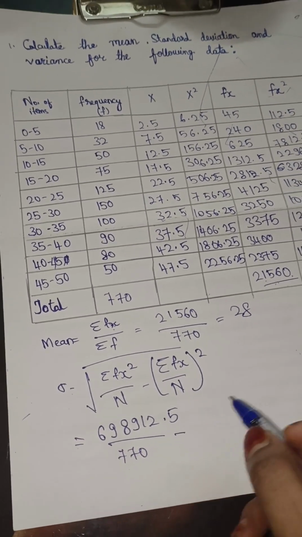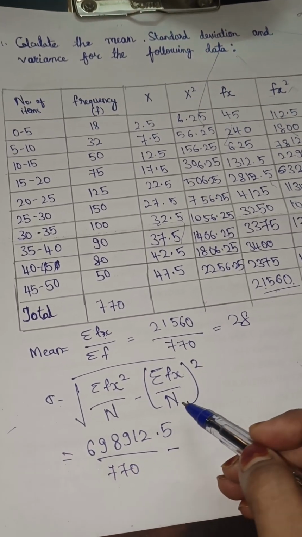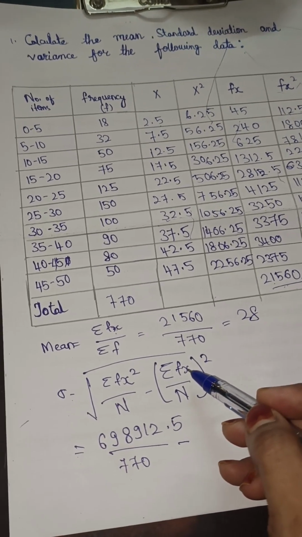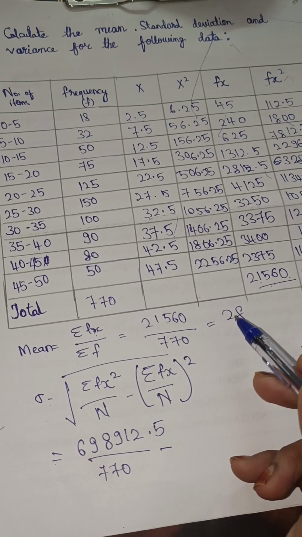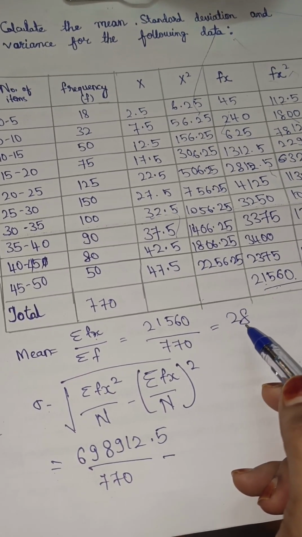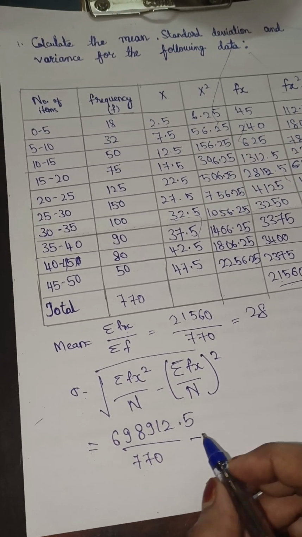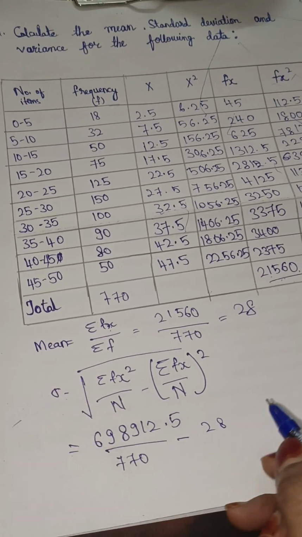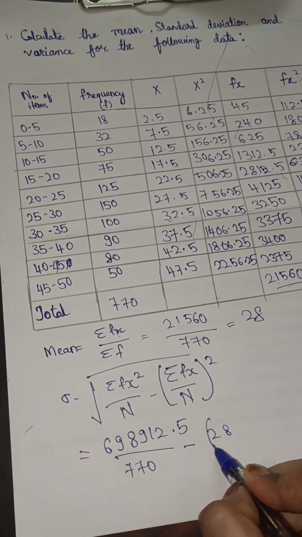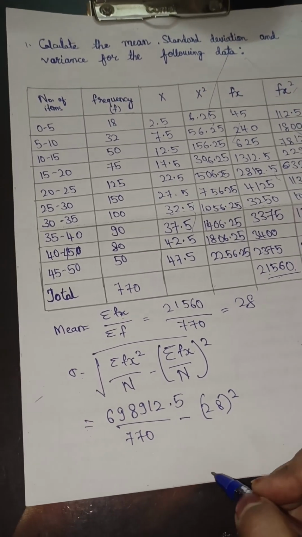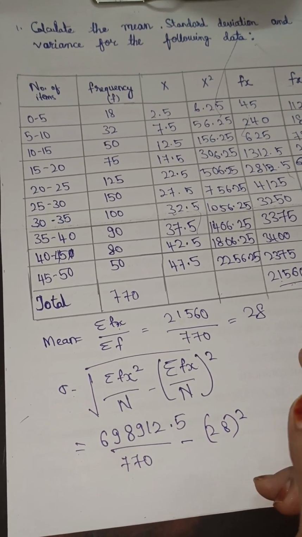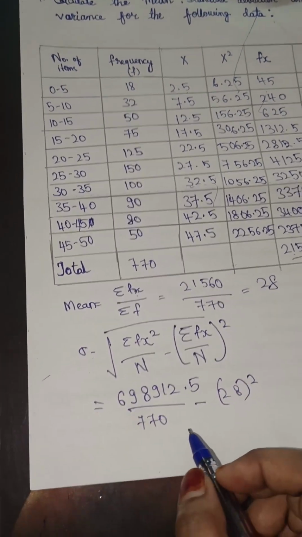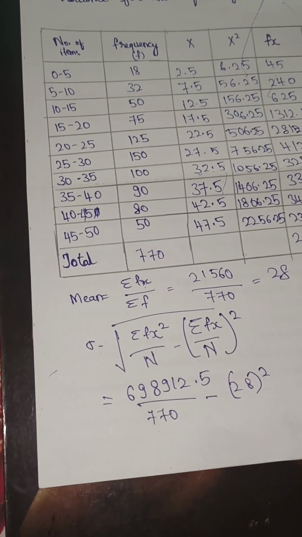Okay, minus sigma fx divided by n. Here you don't need to add again, you can just take the mean, which is 28. So you can just make it easier and take the mean and whole square it, because here there is a whole square. Okay, so let's divide.